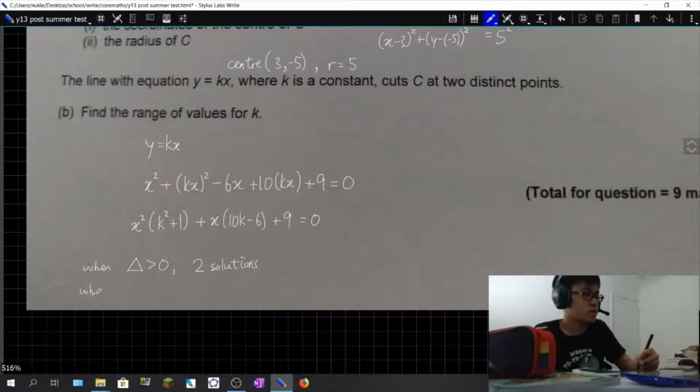When the discriminant is equal to 0, then there is 1 solution. And when the discriminant is smaller than 0, then there are no real solutions.